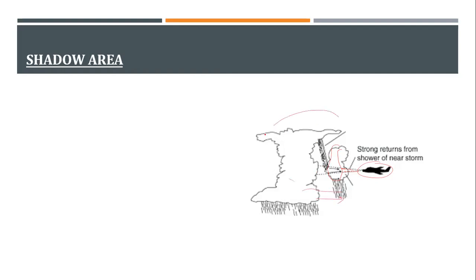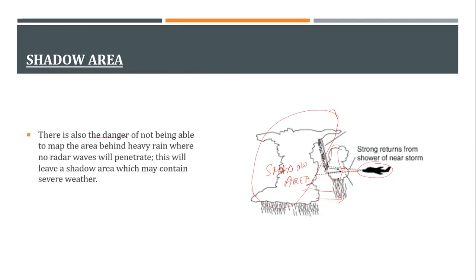So this cloud might be in an area of shadow, known as shadow area. These are practical things, guys. Once you are landing into airlines, you'll actually be using these things. There is also a danger of not being able to map the area behind heavy rain. No radar can penetrate. This will leave a shadow area which contains severe weather. Okay.